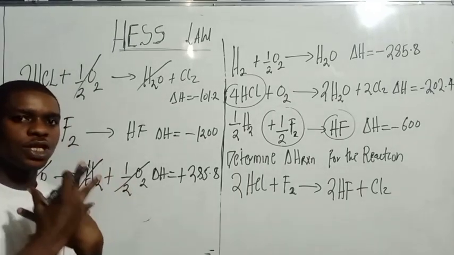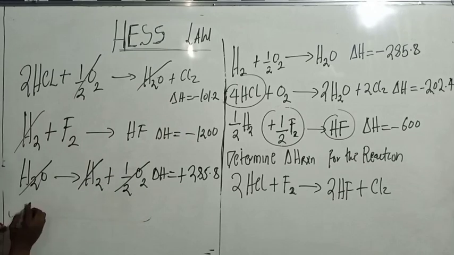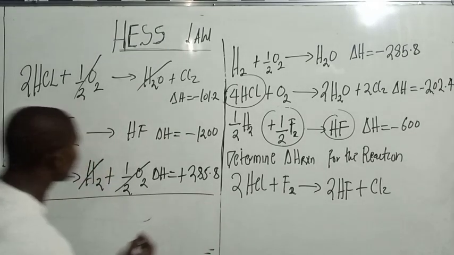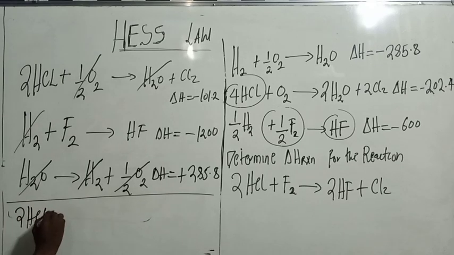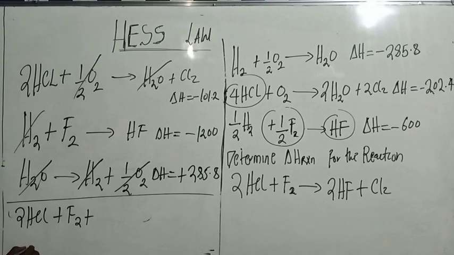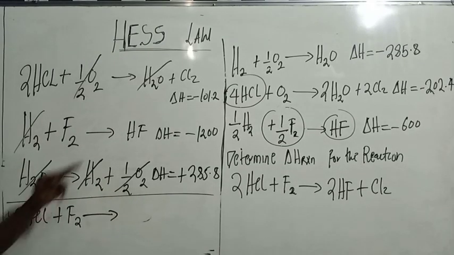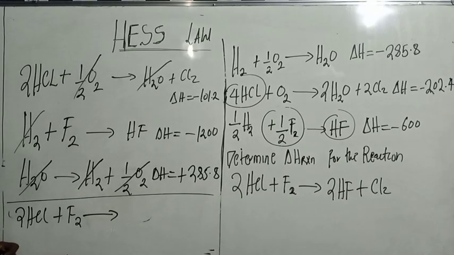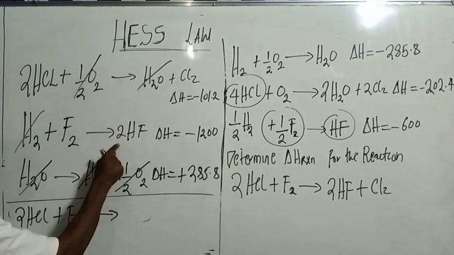Remember, I must manipulate in such a way that they will cancel each other out to give the final reaction. So if I combine everything here, I want to have 2HCl, right? Plus F2. Let me multiply by 2, sorry, there's supposed to be 2 here.